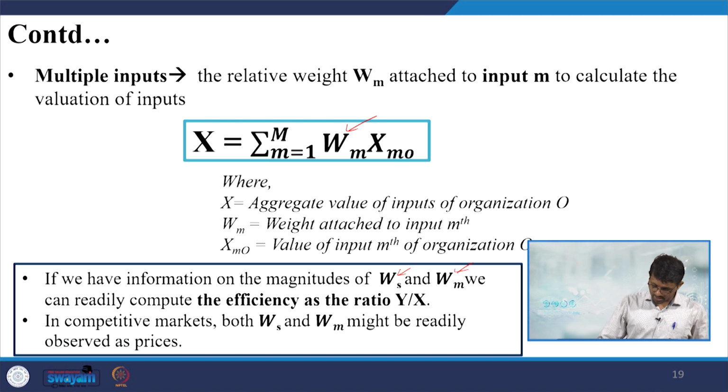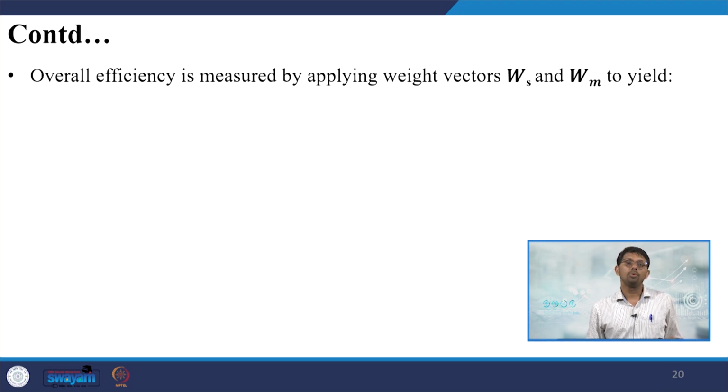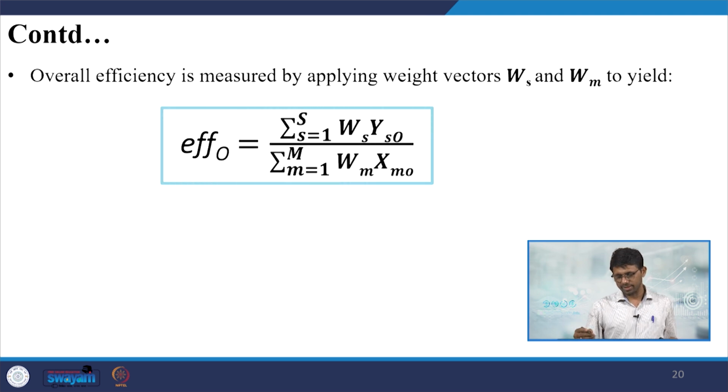In competitive markets, both Ws and Wm might be readily observed as prices. Overall efficiency is measured by applying weight factors, that is Ws and Wm respectively, for output and inputs, and hence the efficiency score is the ratio of the output value to the input value after converting into an index.